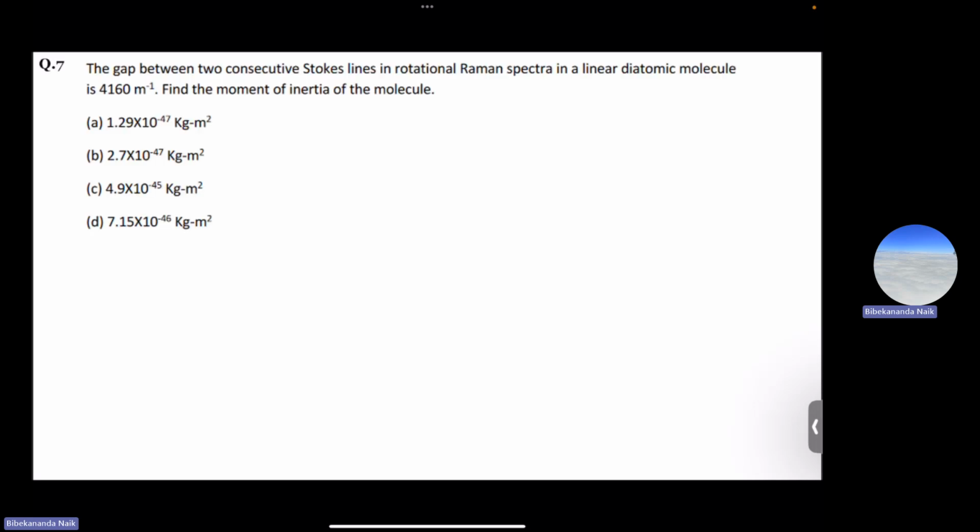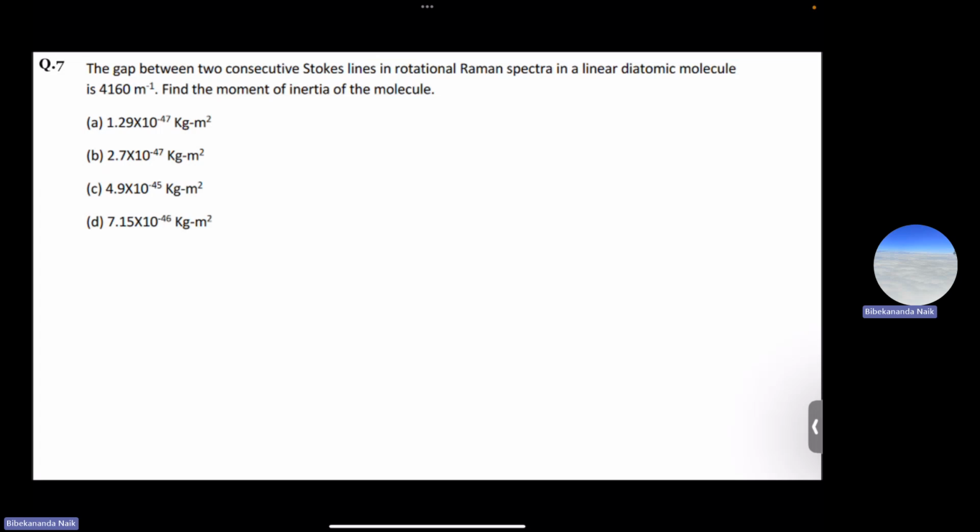Question number 7 says the gap between two consecutive Stokes lines in rotational Raman spectra in a linear diatomic molecule is 4160 meter inverse. Find the moment of inertia of the molecule.